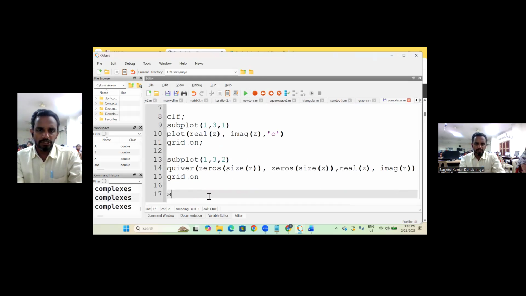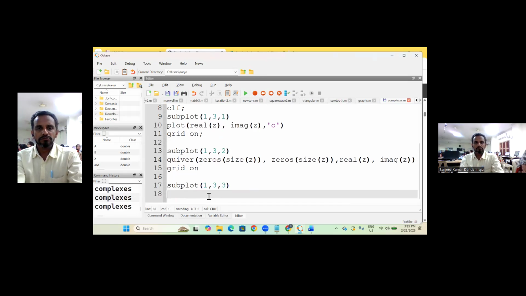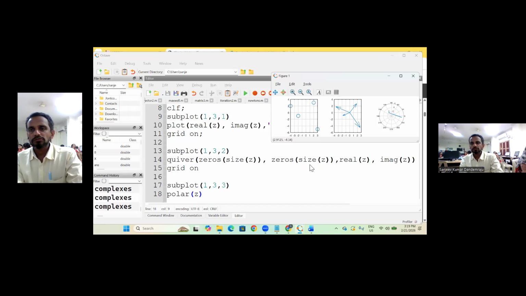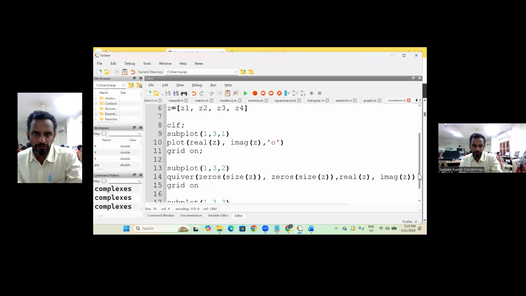Another kind of plot is polar Z. Let's say if you want polar and compass is also there.